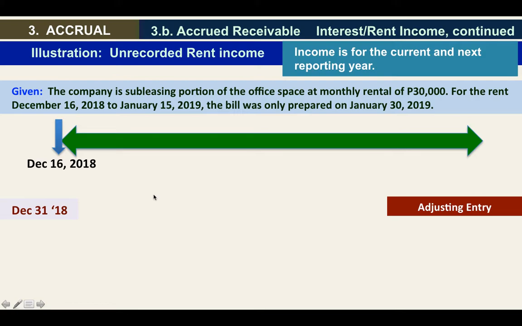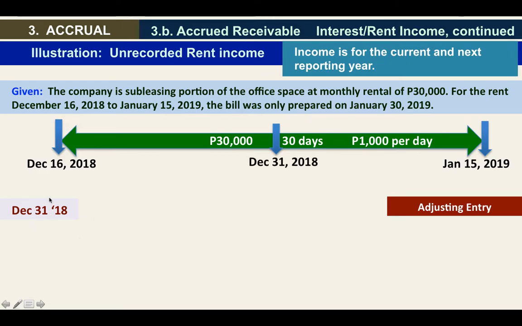Okay, the period is December 16, 2018 up to January 15, 2019. And the rent income is $30,000 and it is for 30 days during this period. And per day will be $1,000 per day. We are doing an adjusting entry on December 31st, 2018. So how many days?